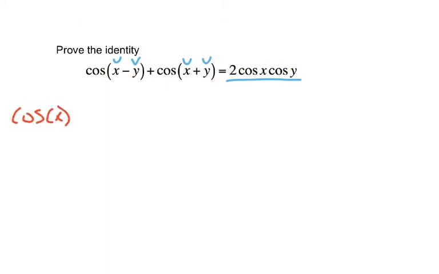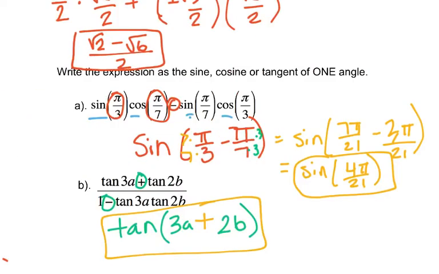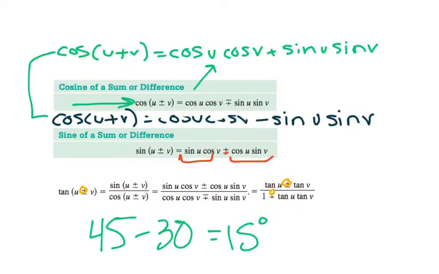So cosine x and cosine y, and then sine x sine y for the first one, and then the symbol between them, since it was subtracting with cosine, is going to be adding.